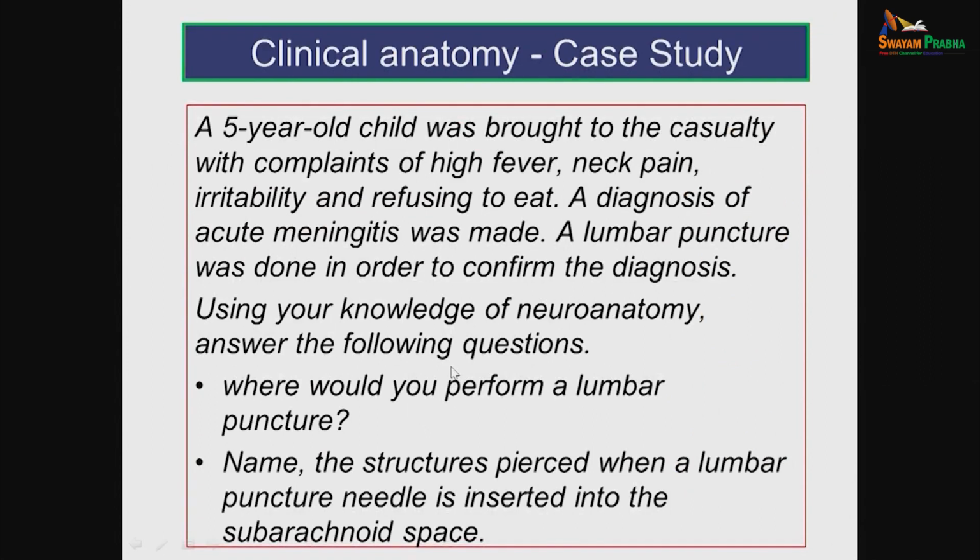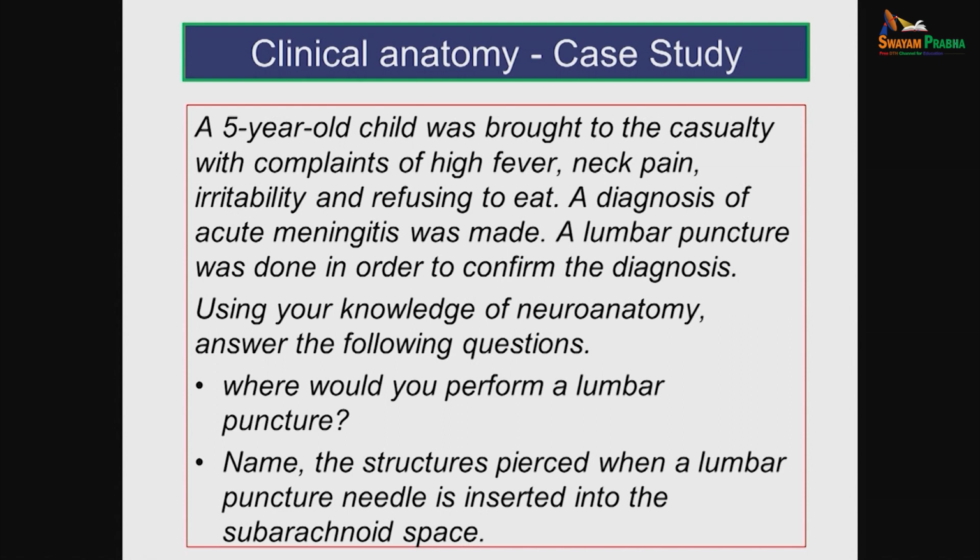spinal cord. We will just finish with the clinical anatomy case study. So this was a child with high fever, neck pain, irritability and refusing to eat. A diagnosis of acute meningitis was made, and the resident performed a lumbar puncture to confirm the diagnosis.